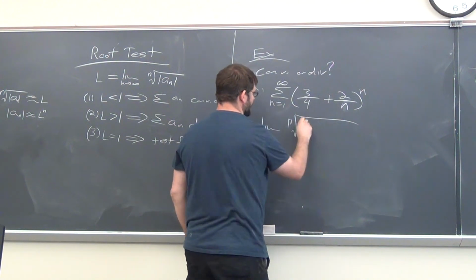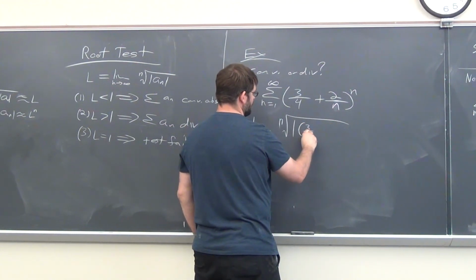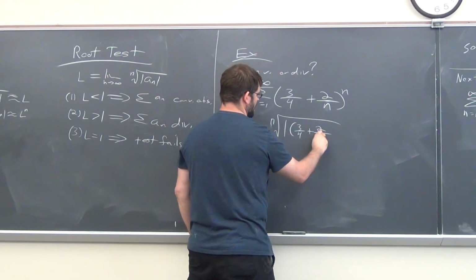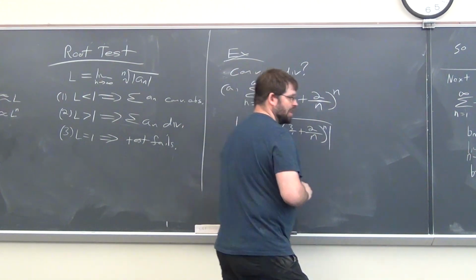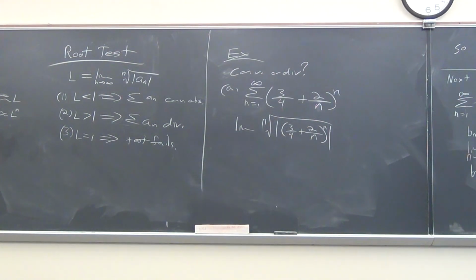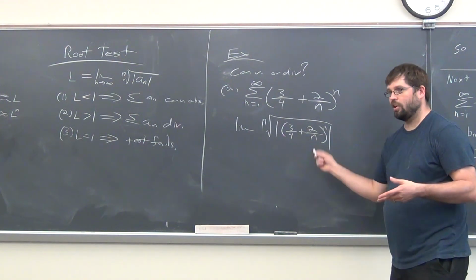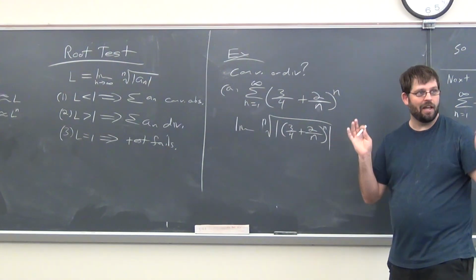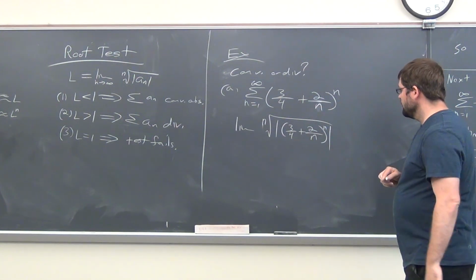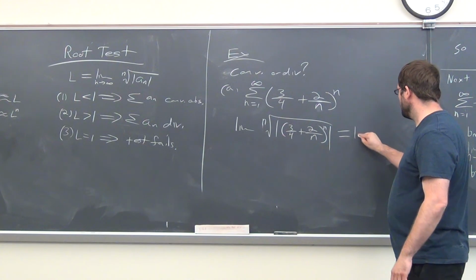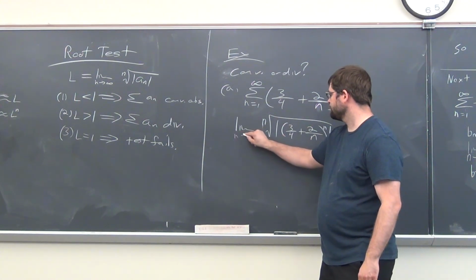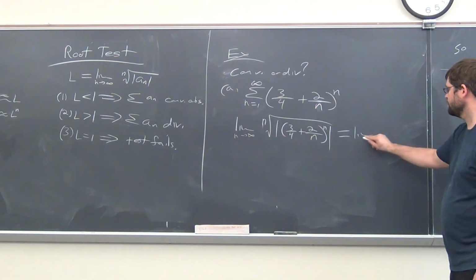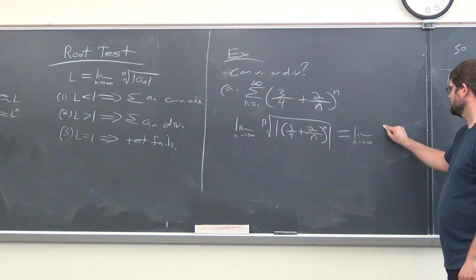So we take the nth root of the series. And again, absolute values here are unnecessary. This thing's positive, but if it wasn't, just use that. And again, most of the time, all you're doing with the absolute value is ignoring that -1. Okay, so what's the nth root of the nth power here? 3 over 4, 2 over 4.